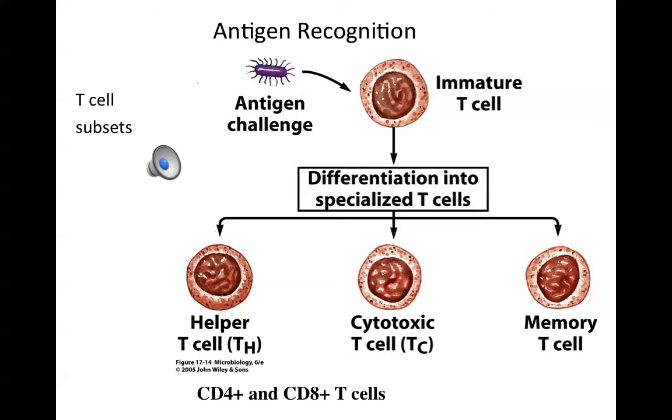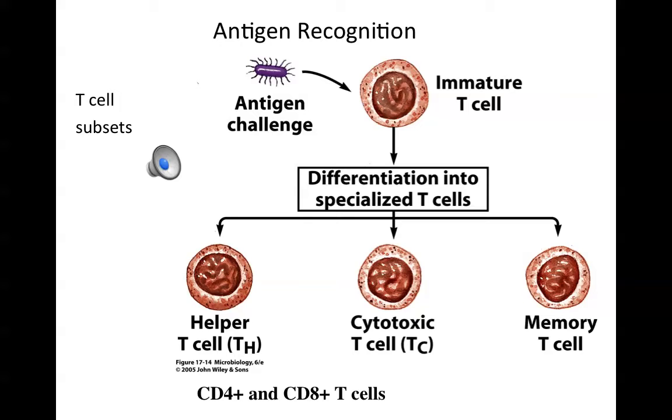The types of cells, T cells, that are responsible for reacting to and recognizing antigen or non-self, initially start out as an immature T lymphocyte released from the bone marrow. Those immature T lymphocytes have to be processed or educated in the thymus.